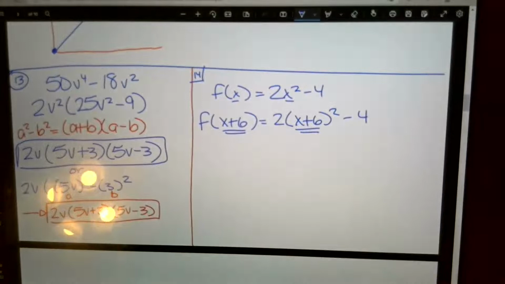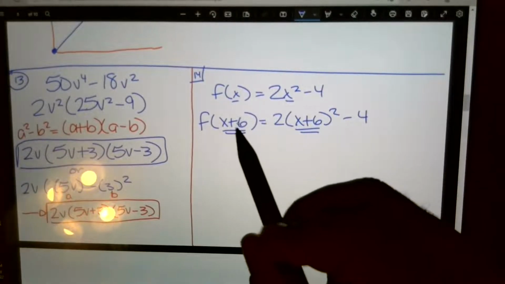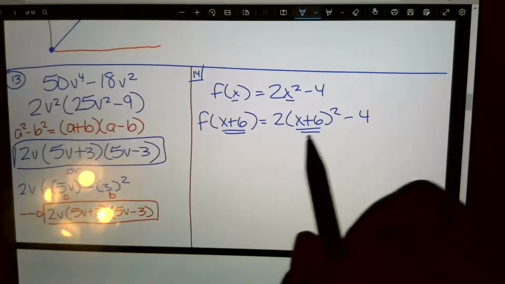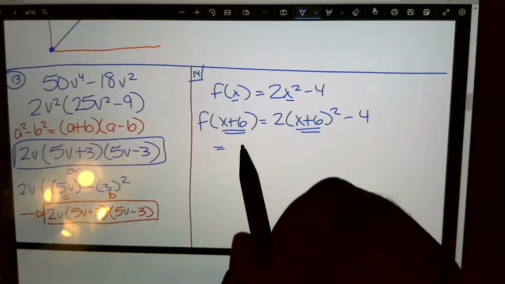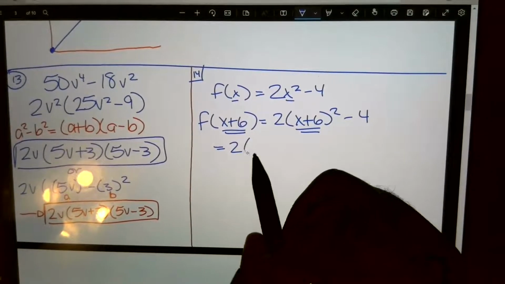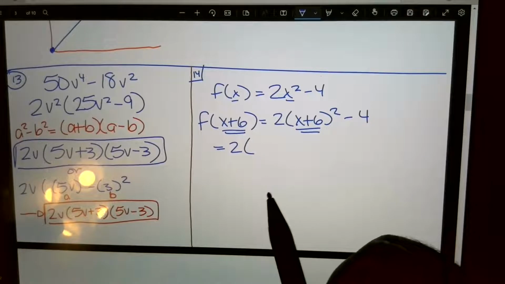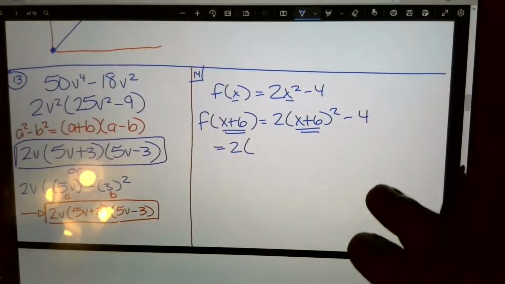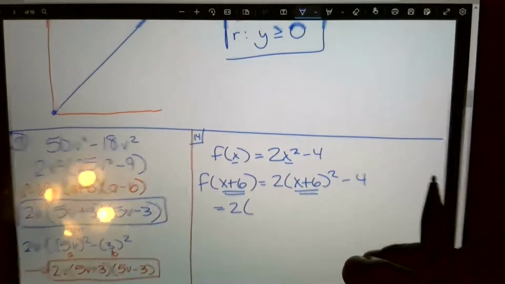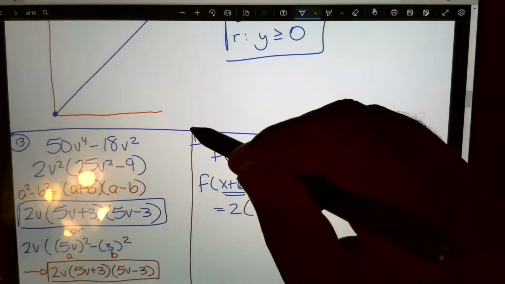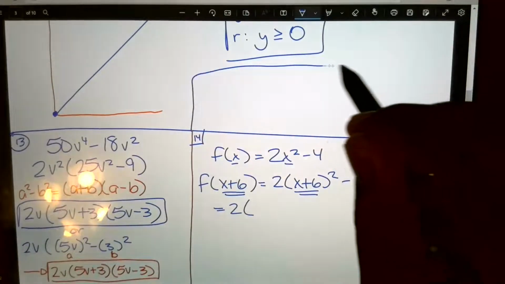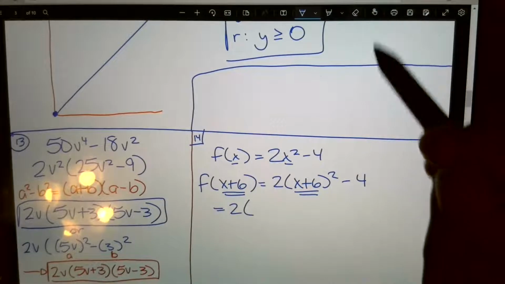This just means sub that into the formula, or sub that into the function. So this is 2 times x plus 6 squared minus 4. I don't know if I probably need to show you how to do that. I'm not trying to insult your intelligence or anything, but I don't want to leave anything out.